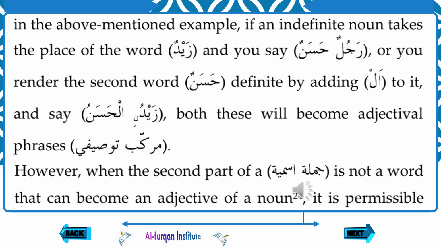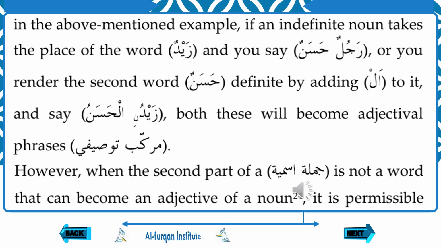In murakkabun tawsifiyun, the descriptive phrase, both parts, that is the noun mawsuf and its adjective sifa, must match in being definite or indefinite, in gender, number, and i'rab, that is case. This means if the first word is indefinite, the second must be indefinite.